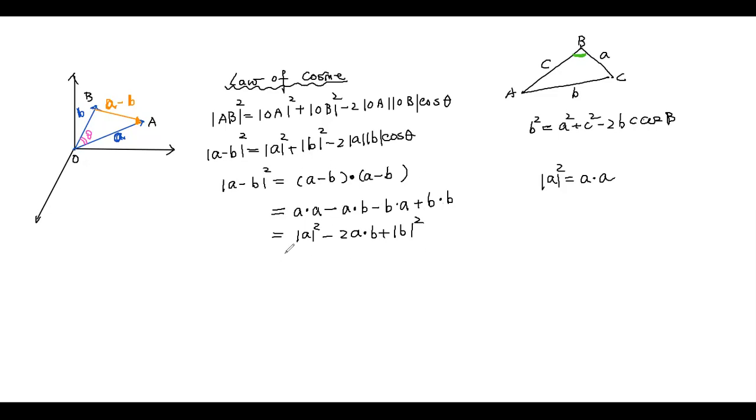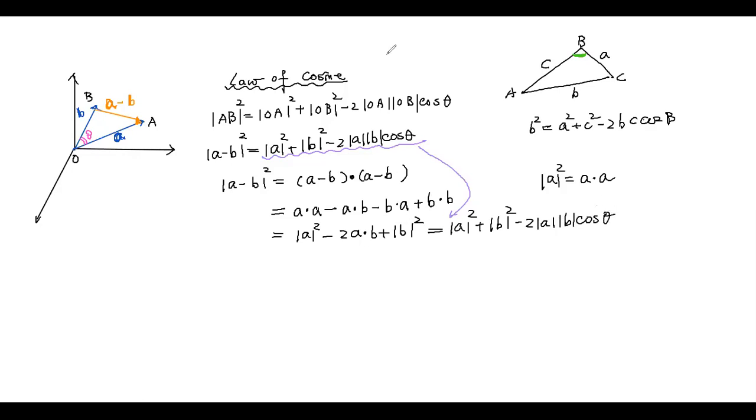Okay, so now let's take a look at how we simplify this. By the law of cosines, the distance squared is equal to A squared plus B squared minus 2AB cosine theta.